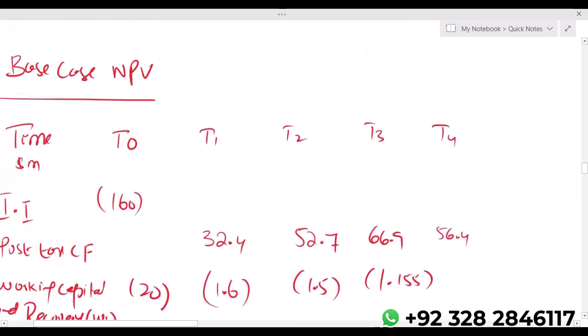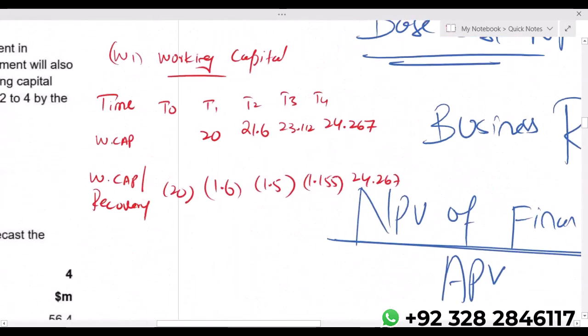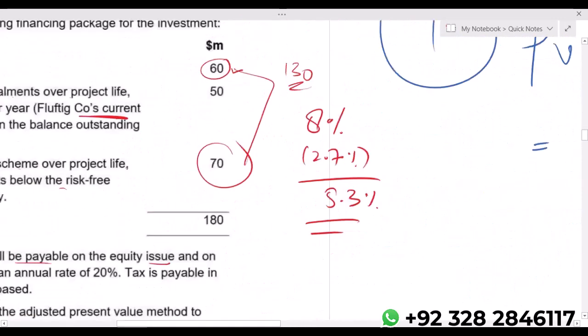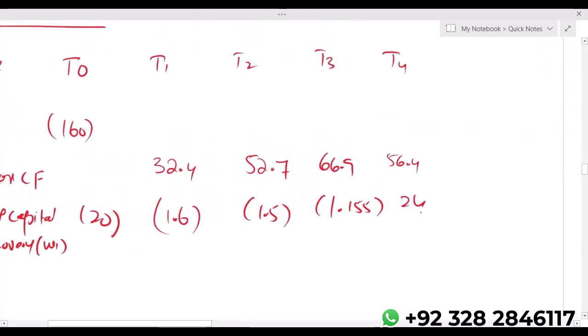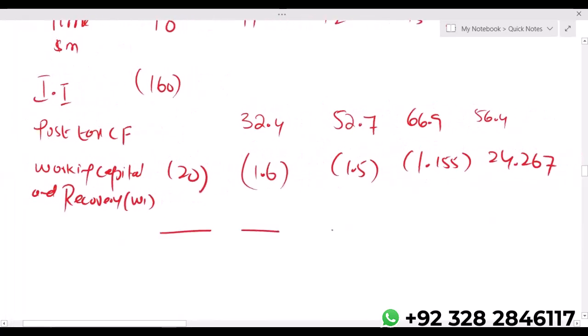Let's see. Yes, then recovery 24.267. We do not have any other cash flows. 180.